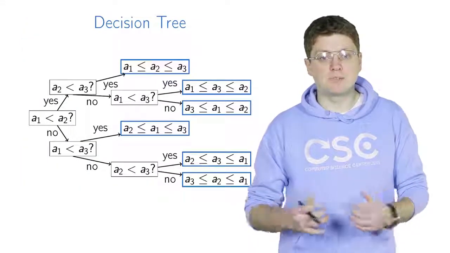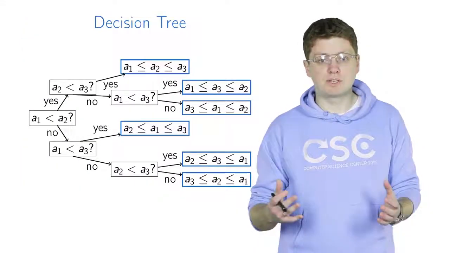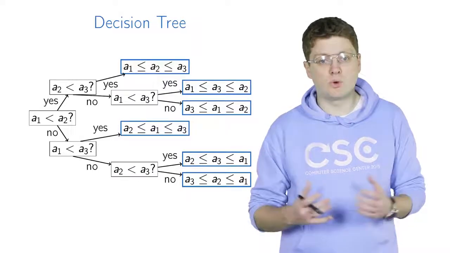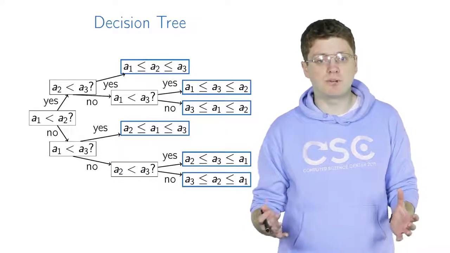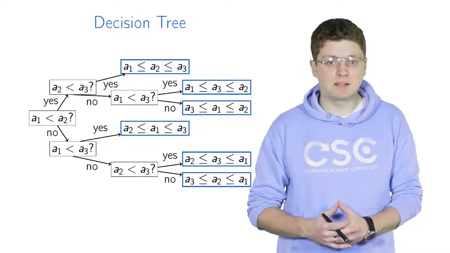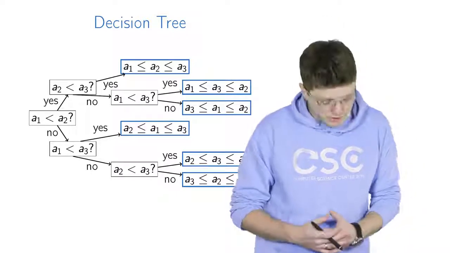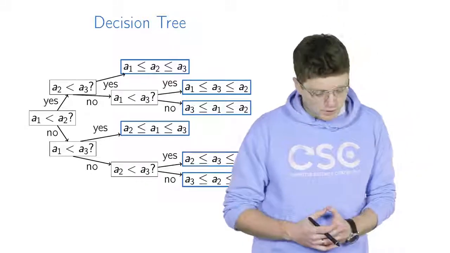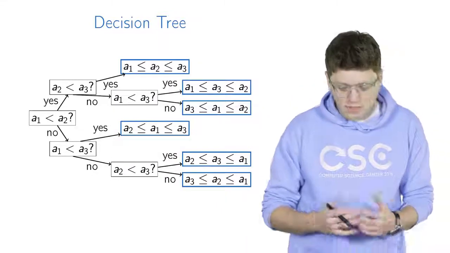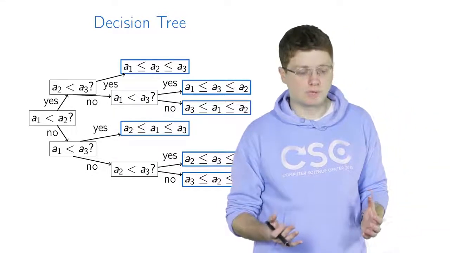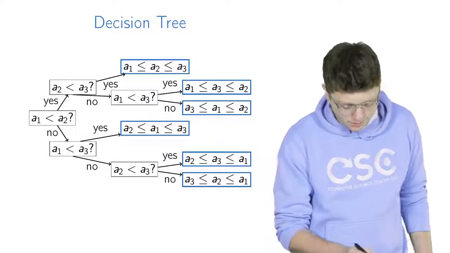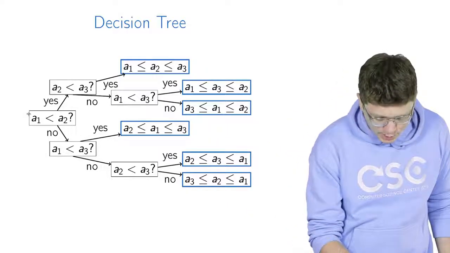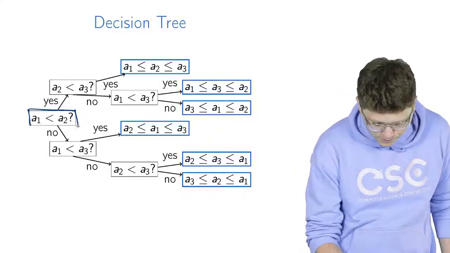Any comparison-based algorithm can be shown as a huge tree that contains all possible sequences of comparisons that can be made by this algorithm. For example, here on the slide, we show a simple algorithm that sorts three objects. It starts by comparing A1 and A2.